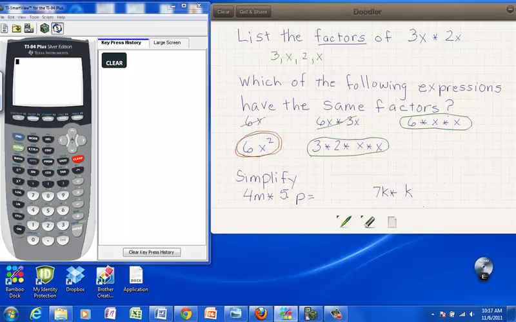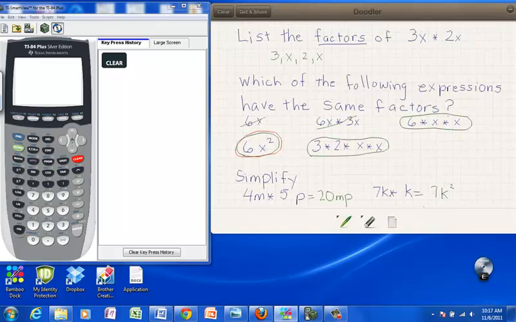So 4 times 5, that would be 20, times m times p. When I'm writing it in simplest form, I don't use the star in between. I'll just write it as 20mp, but it does mean 20 times m times p. In simplest form, this is just 7k times k, written in simplest form, would be k squared.